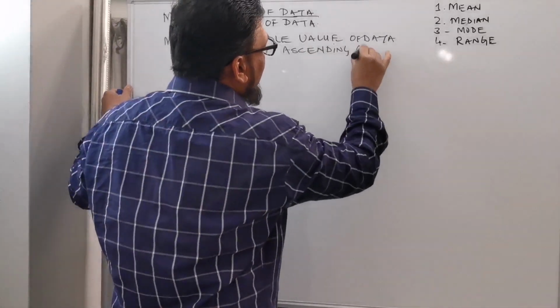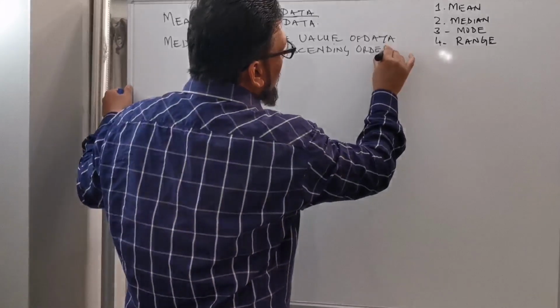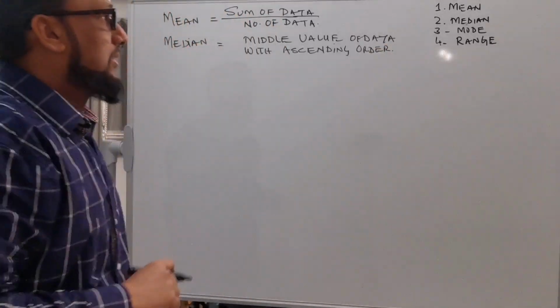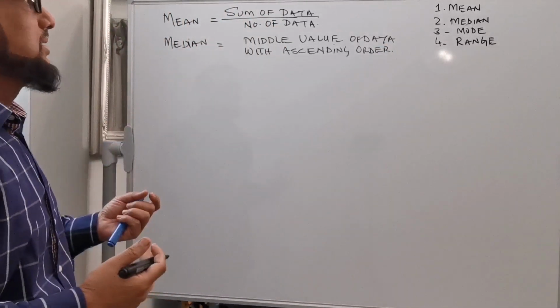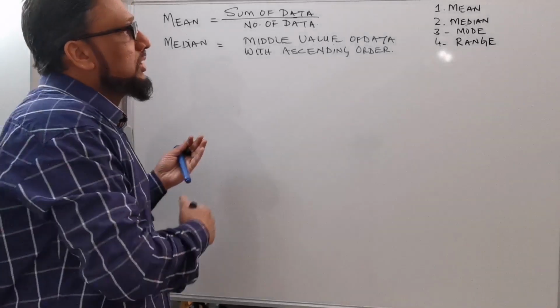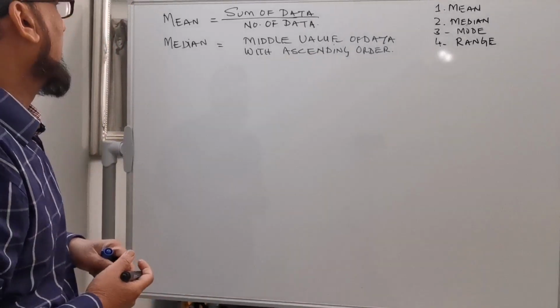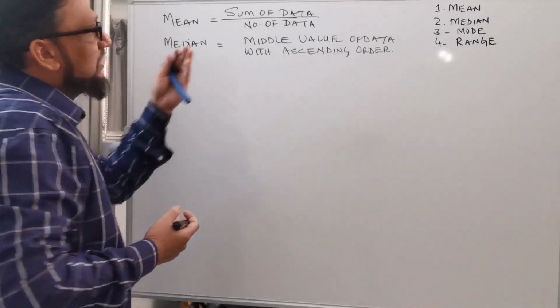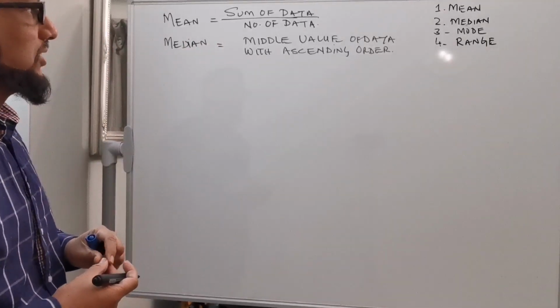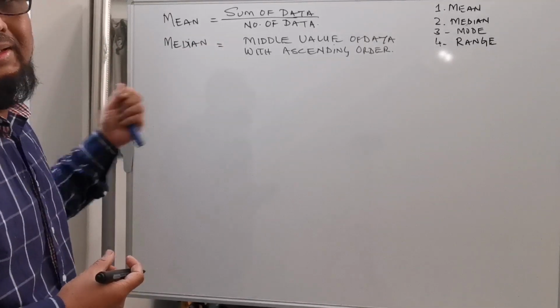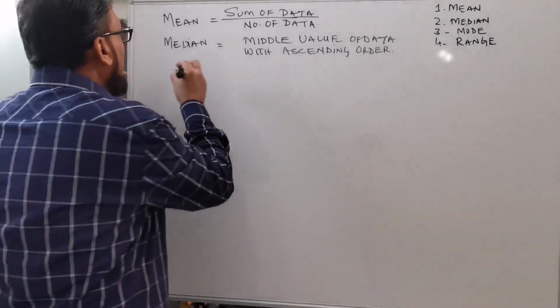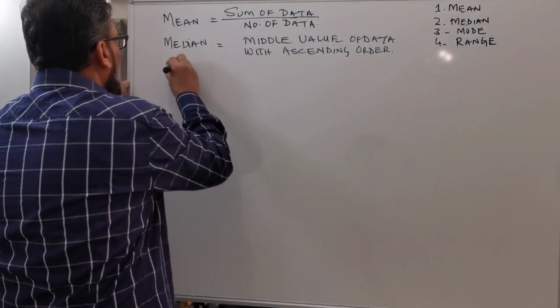Ascending order means from lower to higher. So any data, we need to take from lower to higher value. So the middle value of the data with ascending order is called median, and the third one is called mode.